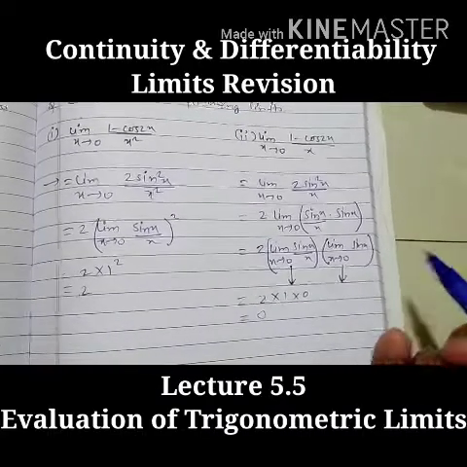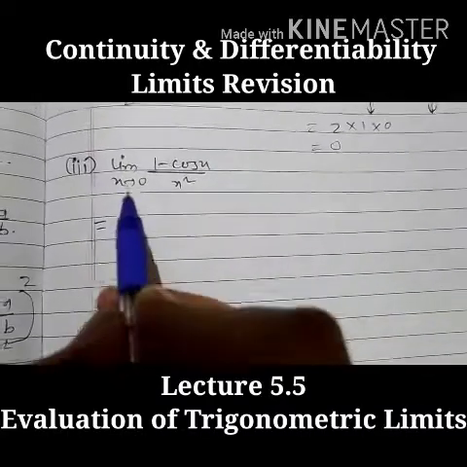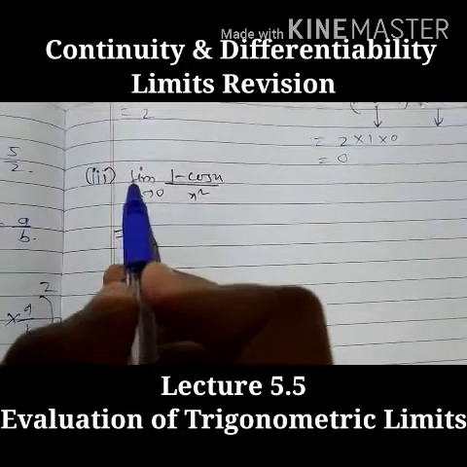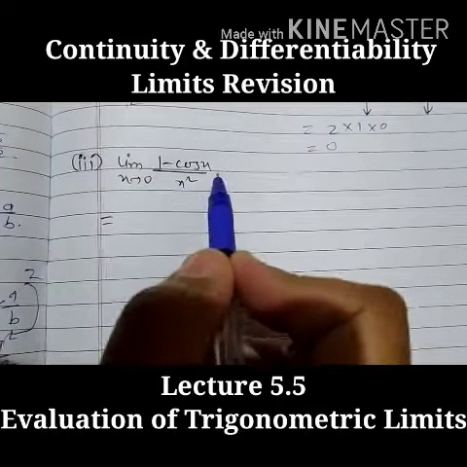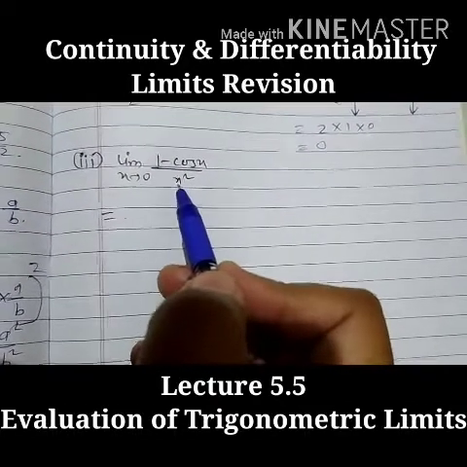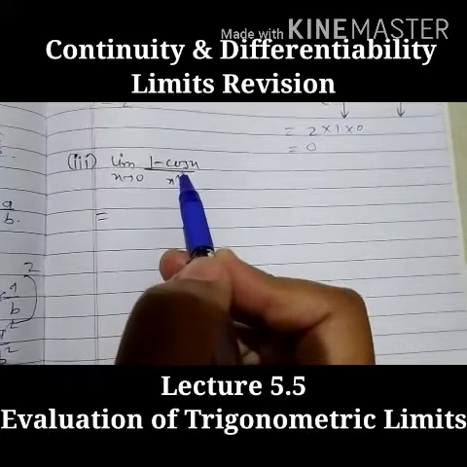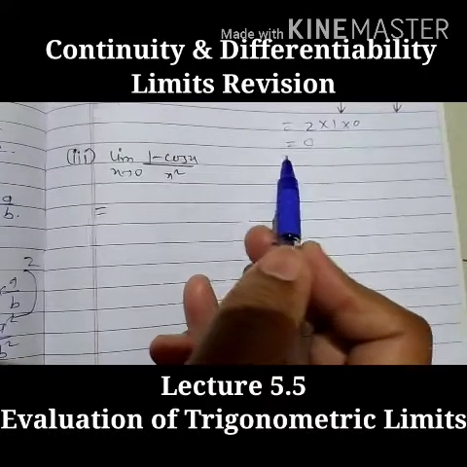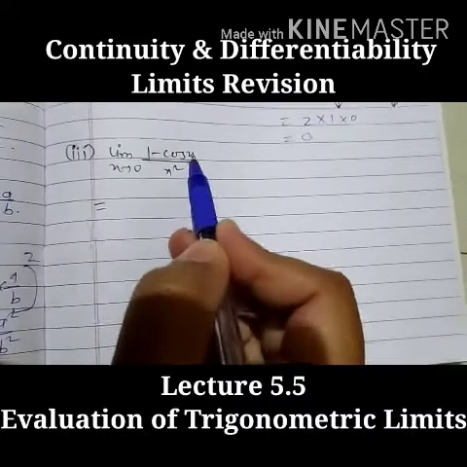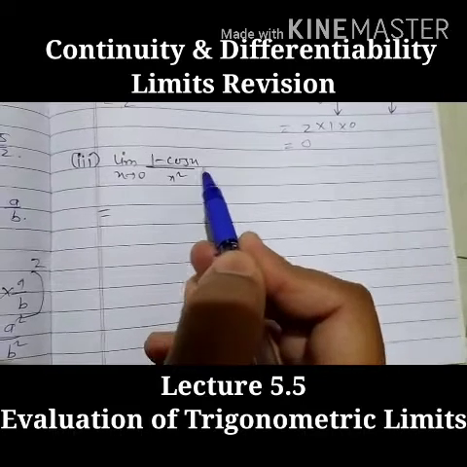Okay, understood? Now the third question of the cos function is limit as x tends to 0, 1 minus cos x upon x square. Now we know that 1 minus cos 2 theta is 2 sin square theta. So here the double angle is x, so its half will be x by 2.